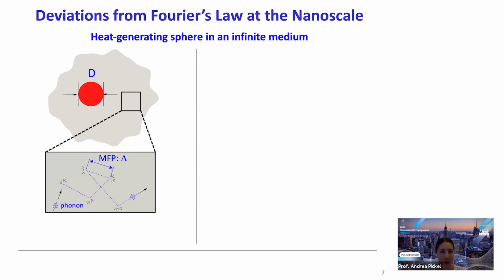And in this classical Fourier's law case, the diameter d of our sphere is much larger than that mean free path lambda. And so that means that we get this kinetic theory expression for the thermal conductivity that says K is equal to 1/3 C V lambda, where C is heat capacity and V is velocity. And so we can then use this expression for the thermal conductivity along with Fourier's law to calculate the temperature rise of our sphere.